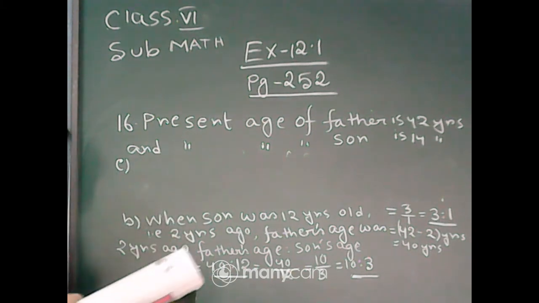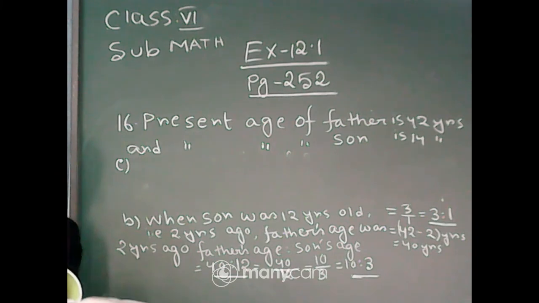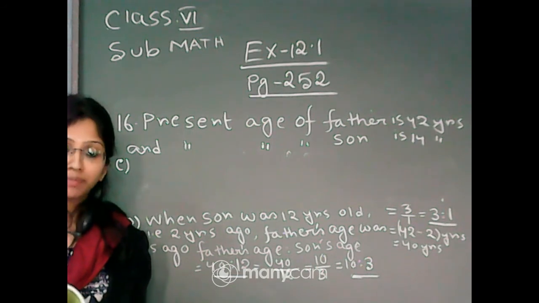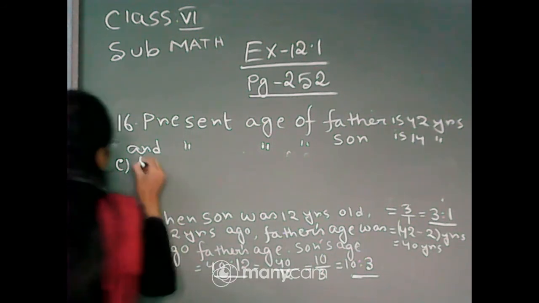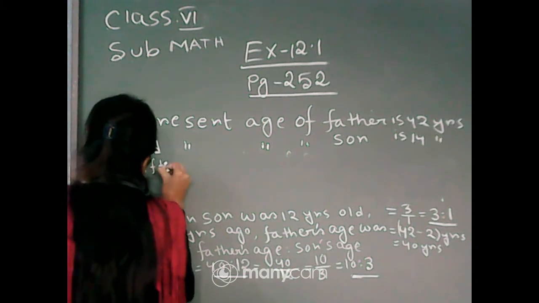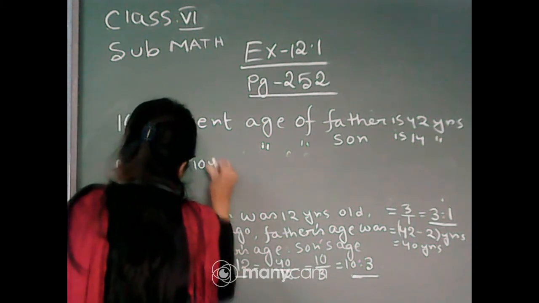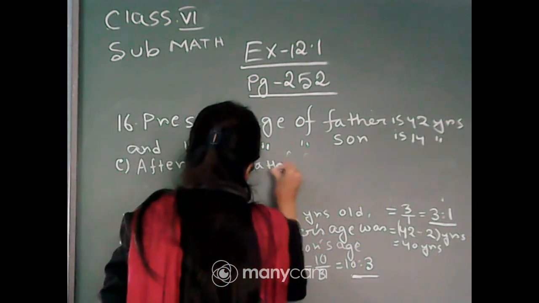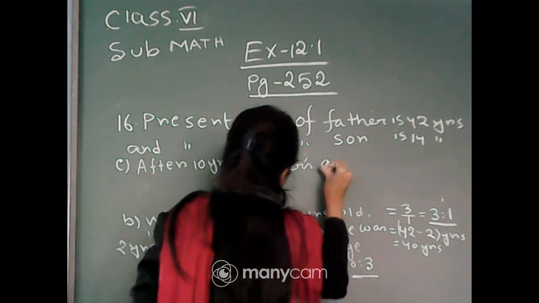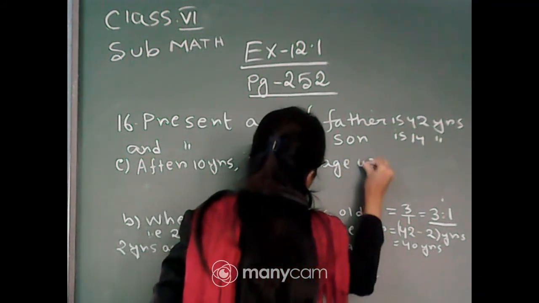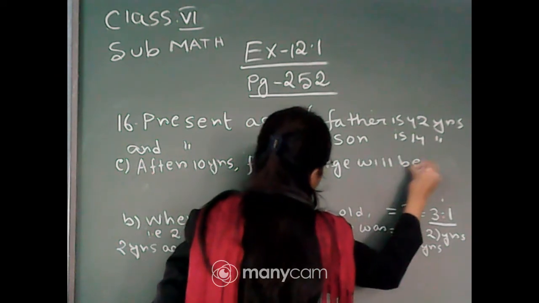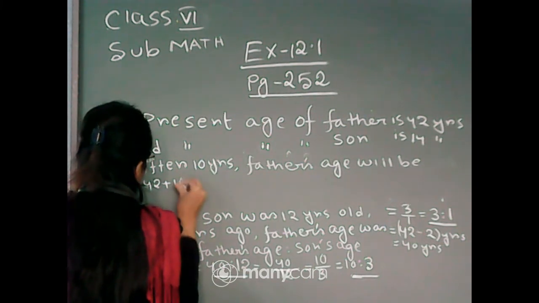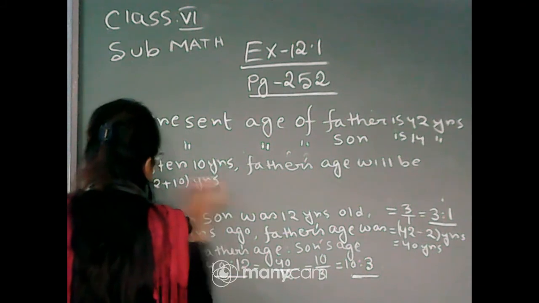After 10 years, we have to find out the ratio of age of father after 10 years to the age of son after 10 years. Okay. So, after 10 years, father's age will be 42 plus 10 years, since father's present age is 42.